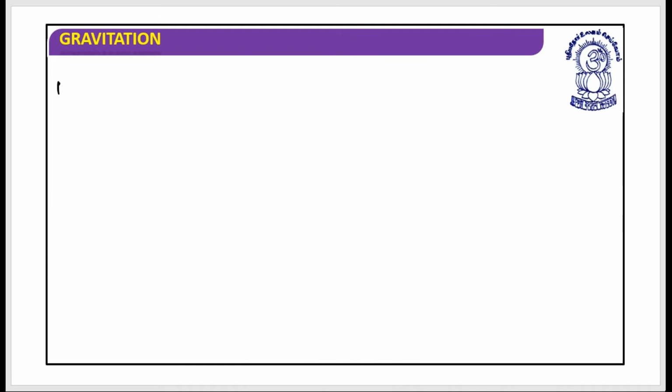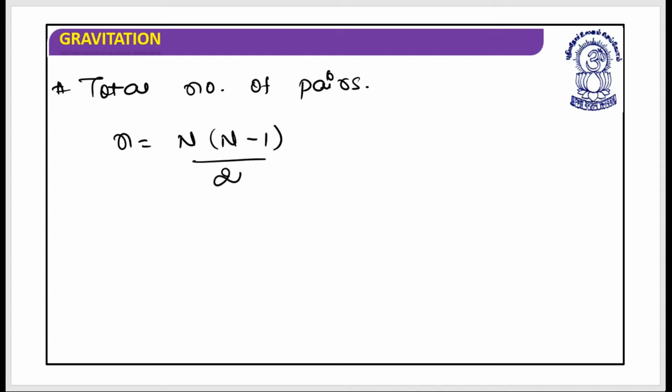So the total number of pairs will be equal to n into n minus 1 by 2, where n is the total number of masses.